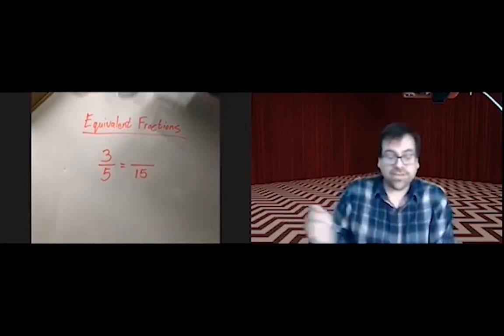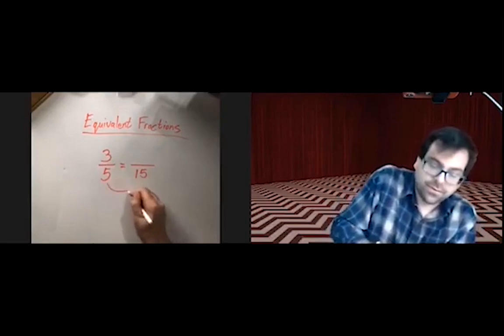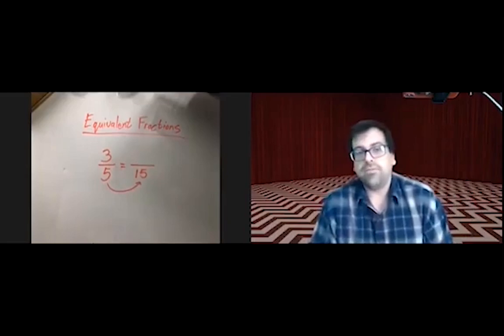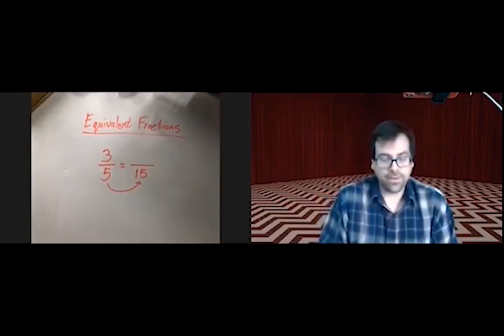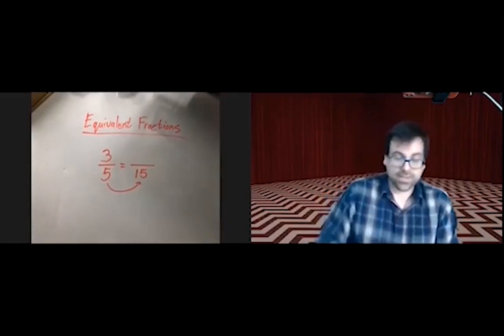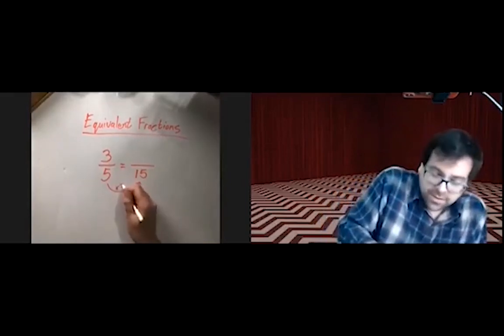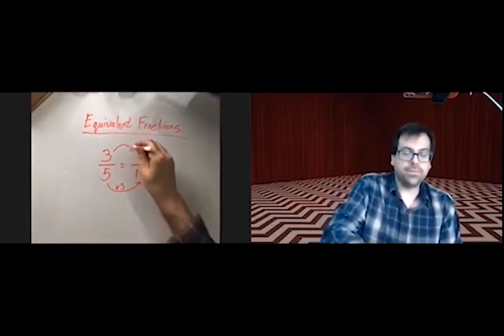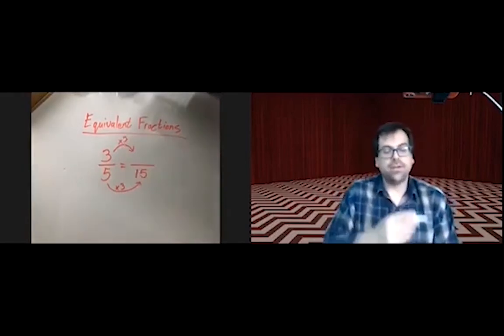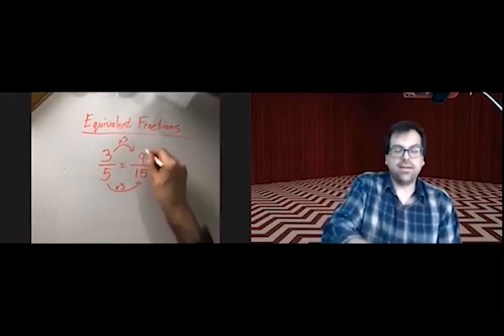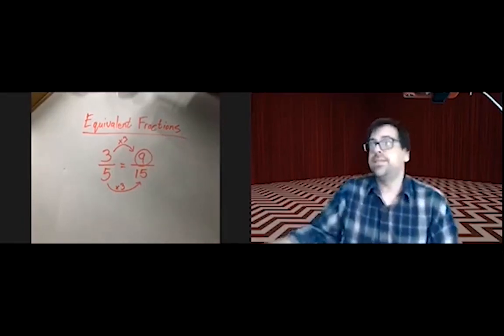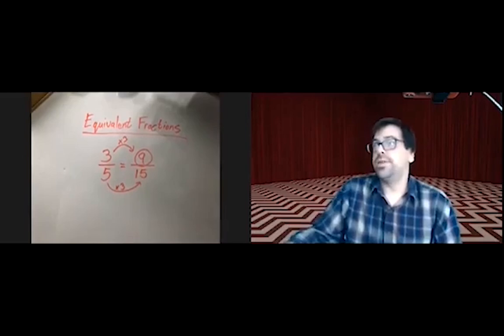In order to do this, we have to ask ourselves, what do I multiply by 5 to get 15? Well, 5 times 3 is 15. So what do we do on the top? Times 3. 3 times 3 is 9. The missing number is 9. The equivalent fraction is 9/15.